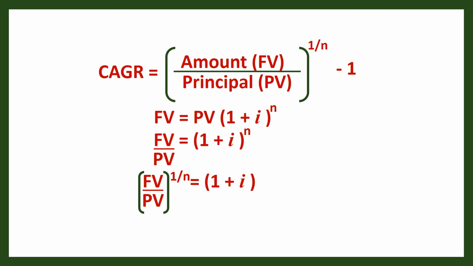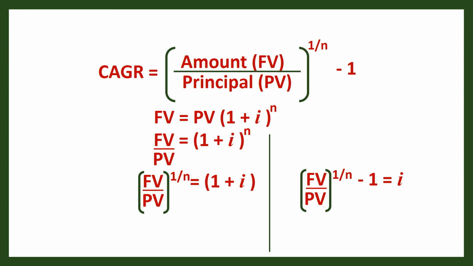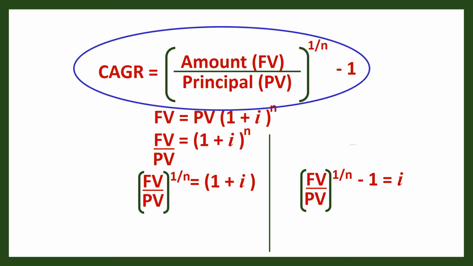And the 1 in the right hand side can be taken to the left hand side and it becomes minus 1. Thus the formula becomes (FV divided by PV) whole raised to 1 divided by n, minus 1, is equal to I. Now this formula is the same as this formula. Here I is the CAGR.